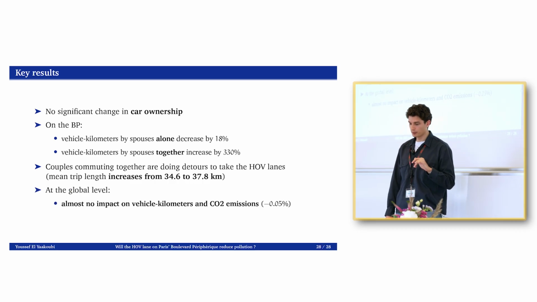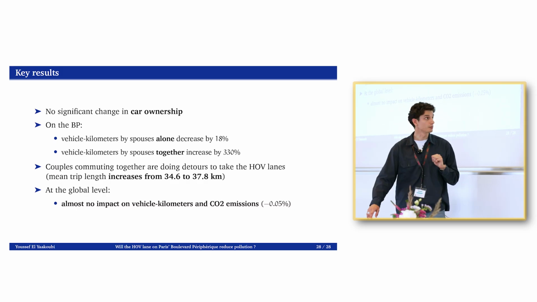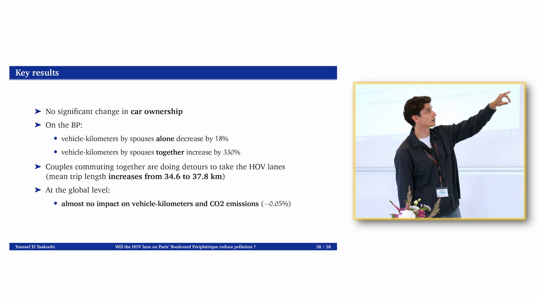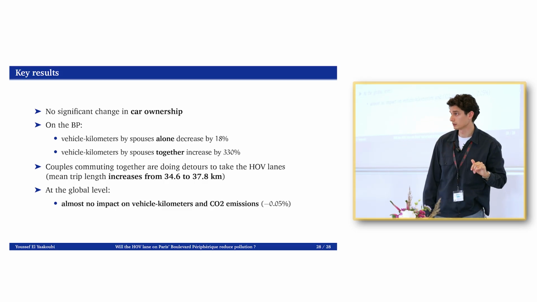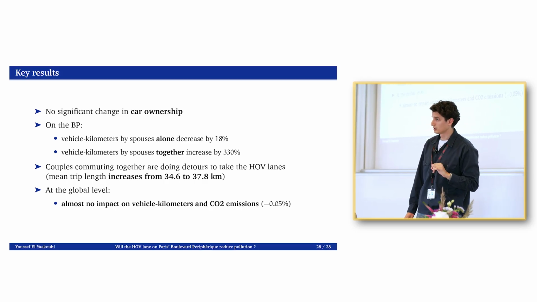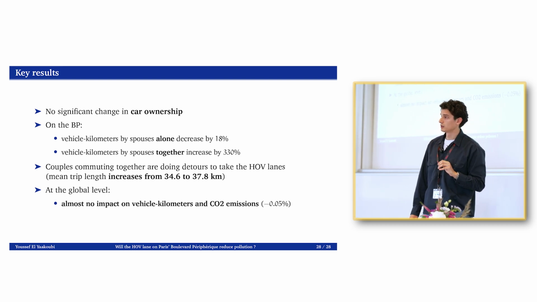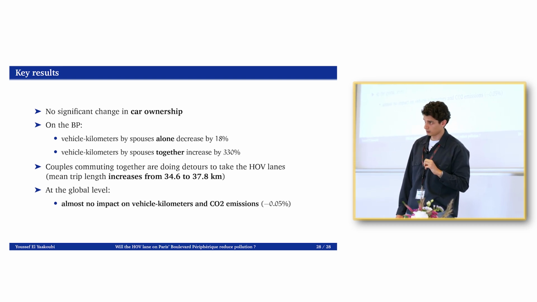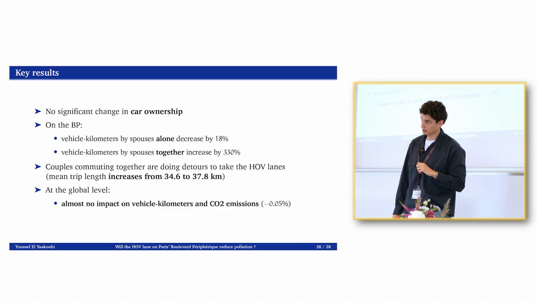On the BP, yeah, I put it there. On the BP, the vehicle kilometer by spouse is increased a lot. That's for the whole trip, not just the section on the BP. So you could have additional travel because two people have to get to their destinations, but it could also be a change in route.